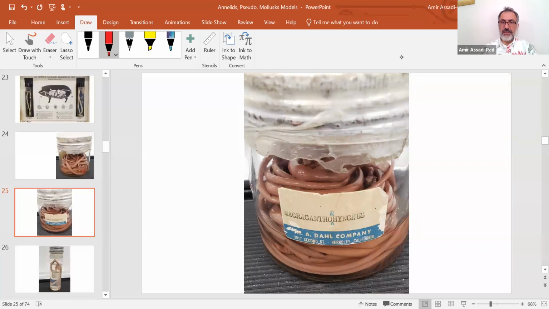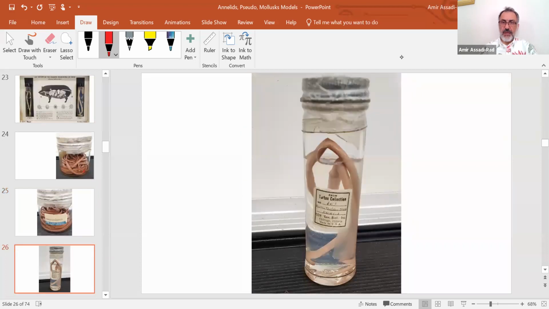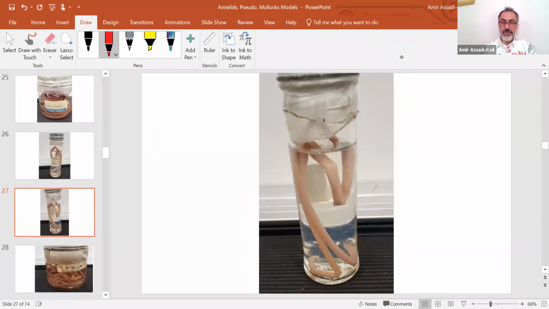Same thing, Macracanthorhynchus hirudinaceus. I can't tell what this is, but it looked like a roundworm. It's not Macracanthorhynchus. It's hard to tell from this view.